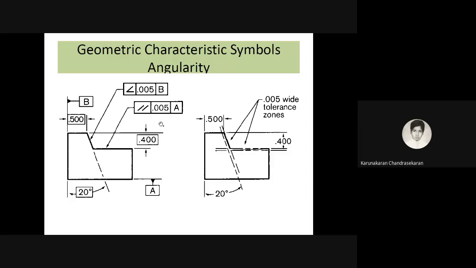So suppose you are denoting from reference A, then how much deviation. For example, if you observe here from B, what is the angle? This one. And it's parallel with respect to datum reference A.